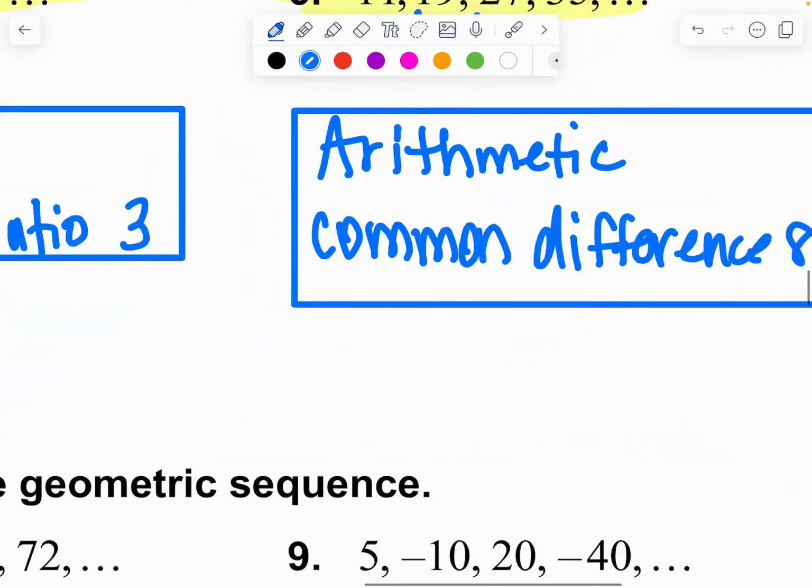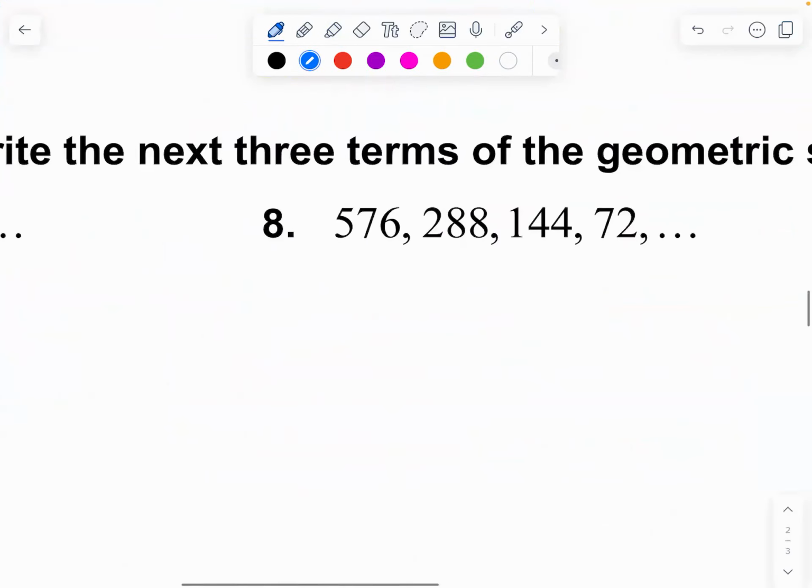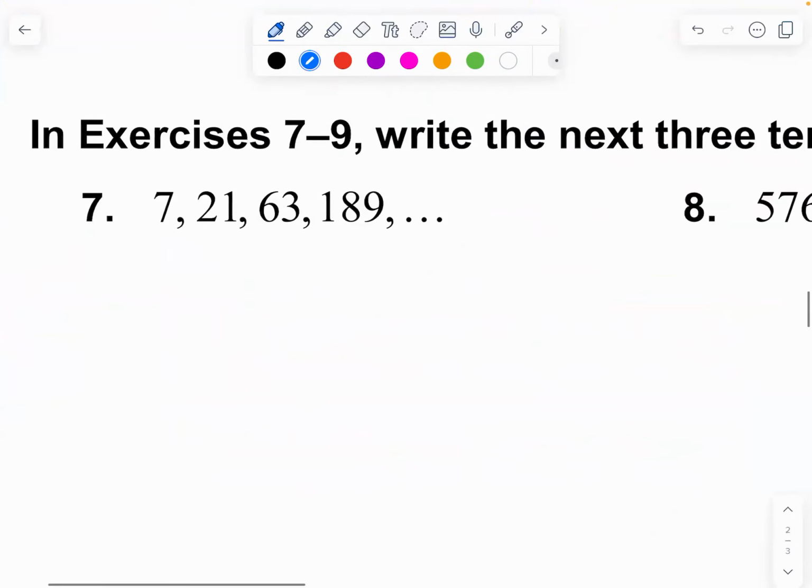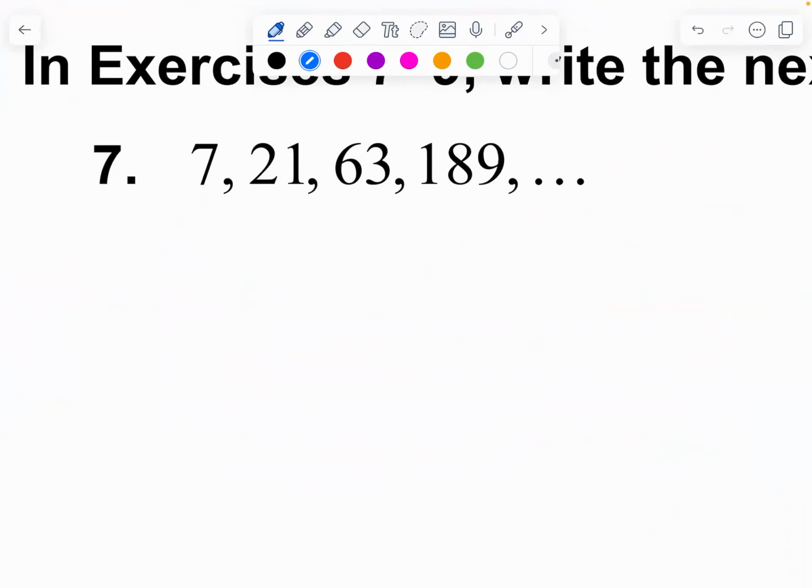All right, now the next thing we need to be able to do is figure out, okay, is it geometric? Is it arithmetic? And depending on what it is, we want the next 3 terms.